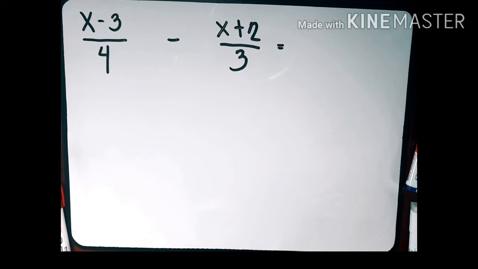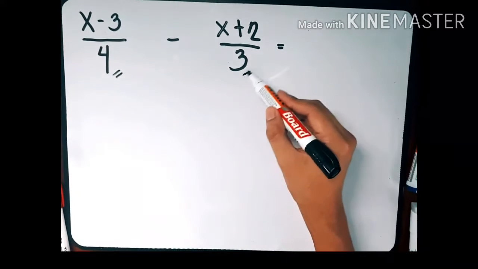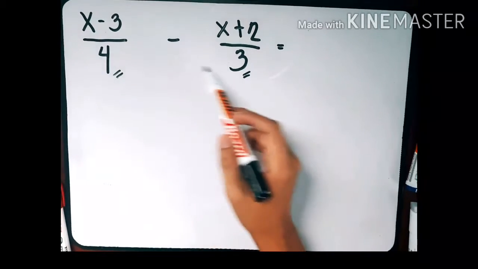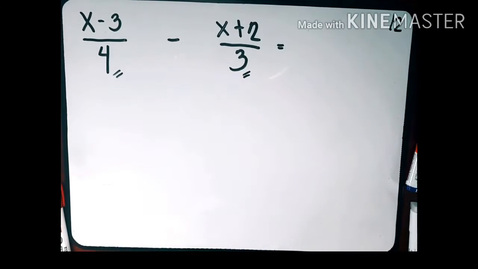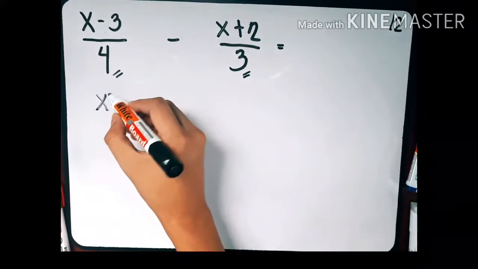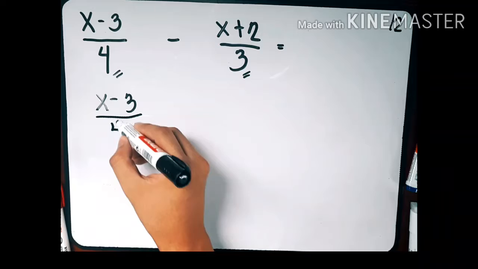Next example is x minus 3 over 4 minus x plus 2 over 3. Una, kunin natin yung common denominator ng 4 and 3. So, for you to get the common denominator, multiply mo lang sila. So, 4 multiplied by 3 is 12. So, una, x minus 3 over 4.